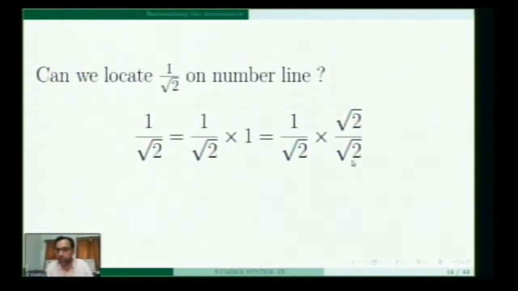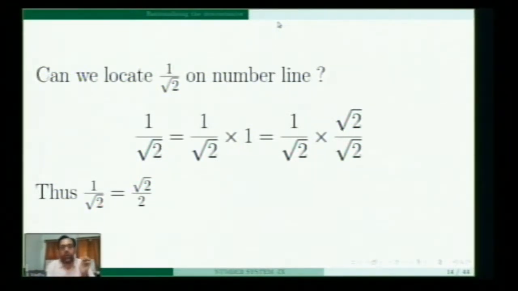Root 2 times root 2 is root 2 whole square, which is 2. So what you obtained is 1 by root 2 is equal to root 2 by 2. Now this is very easy to locate, because you know how to locate root 2. From the origin to root 2 you mark, then take half of it. So you can mark that on the number line.